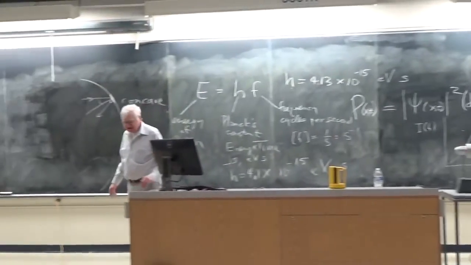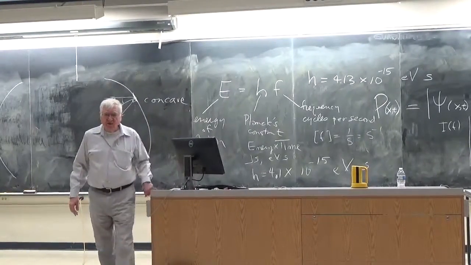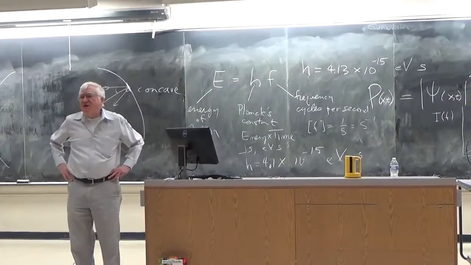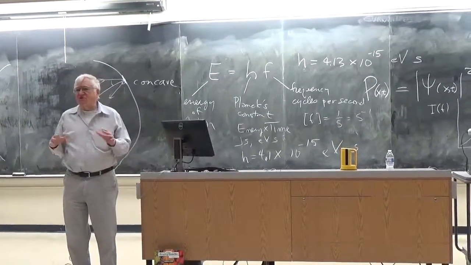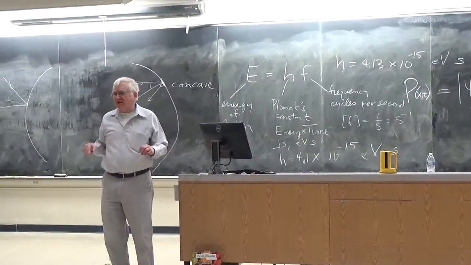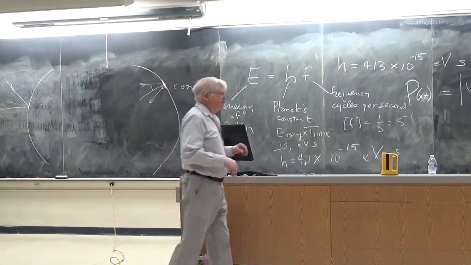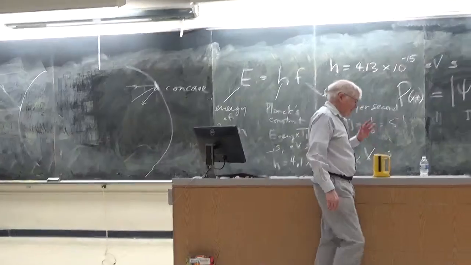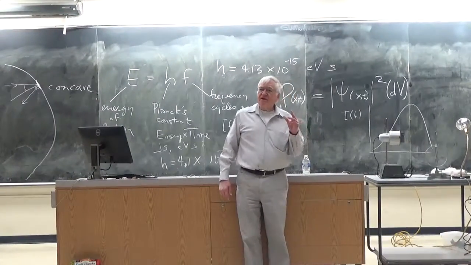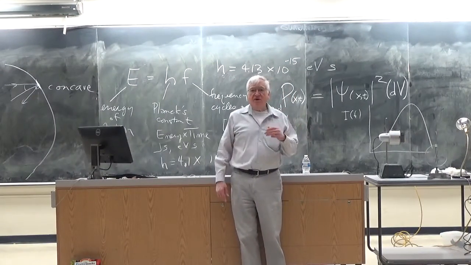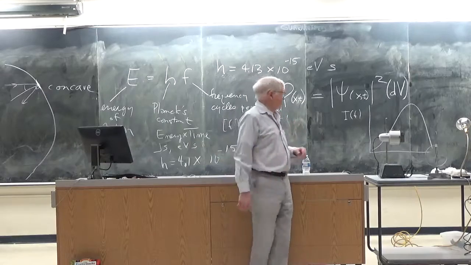I think his actual view was that what he was doing might have been just a mathematical trick for getting the correct distribution. Einstein then said, no, it's the real thing. There's more to Planck than what Planck wrote. You can give this strong interpretation.